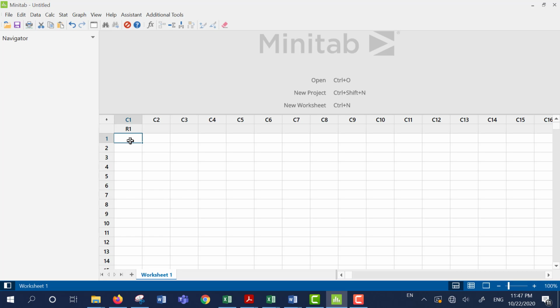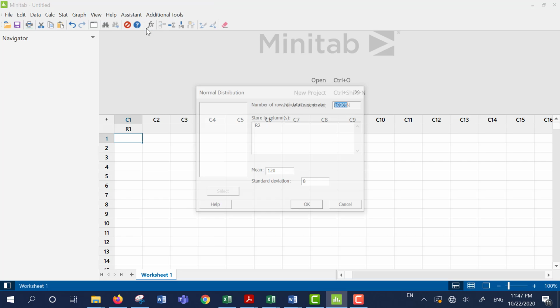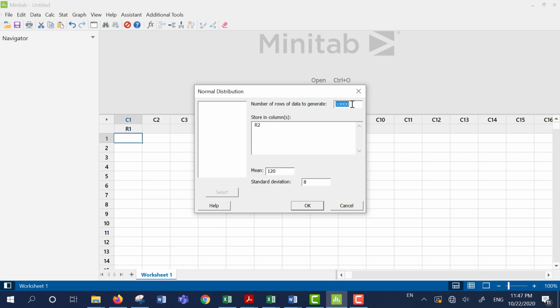It follows a normal distribution. So we generate this random variable following a normal distribution. We generate 10,000 of them, and we store them in the R1 column. The mean is 100, standard deviation 6. Okay.